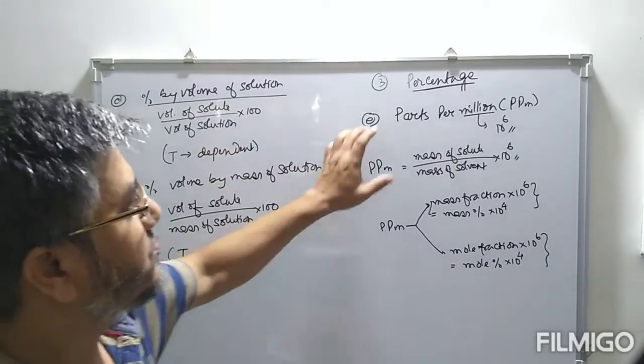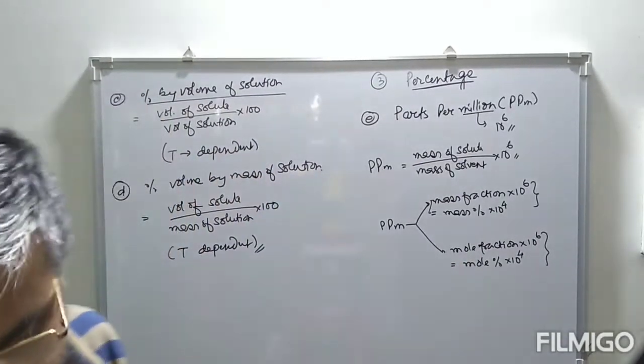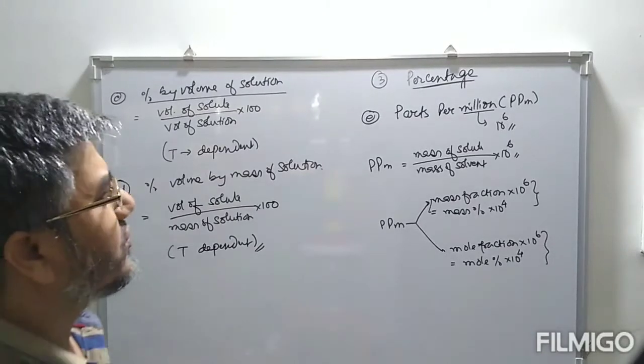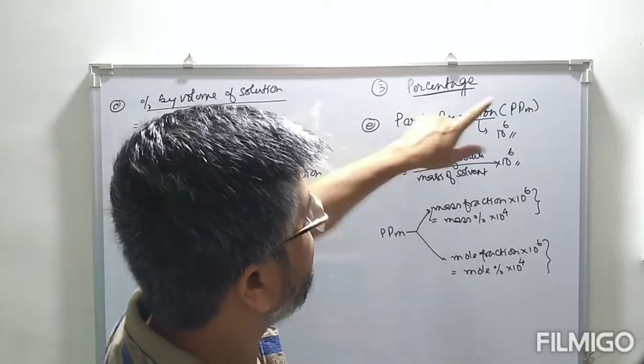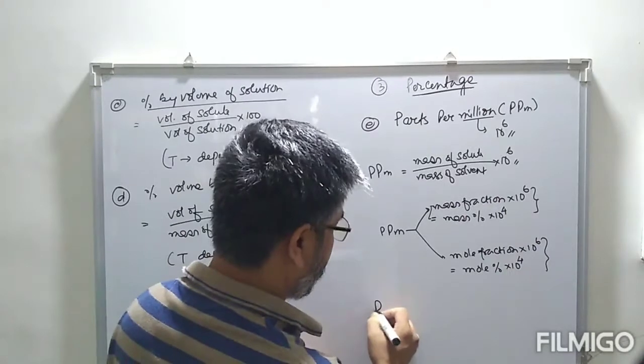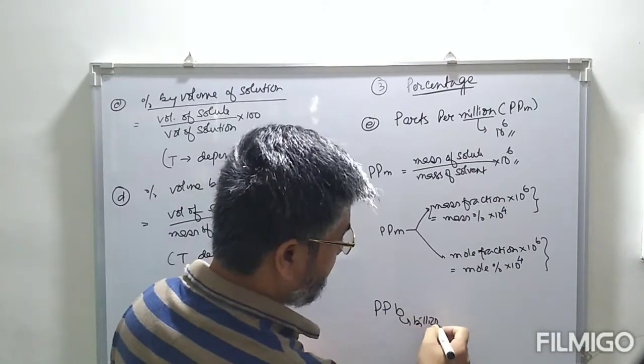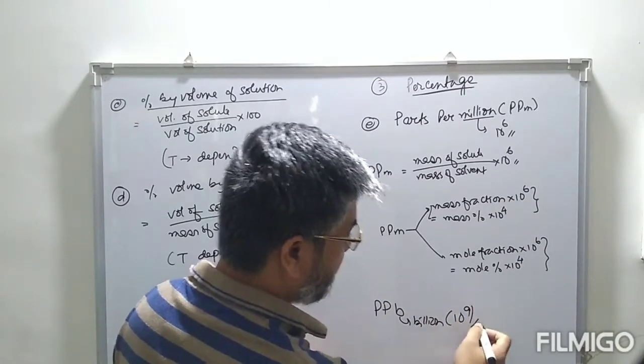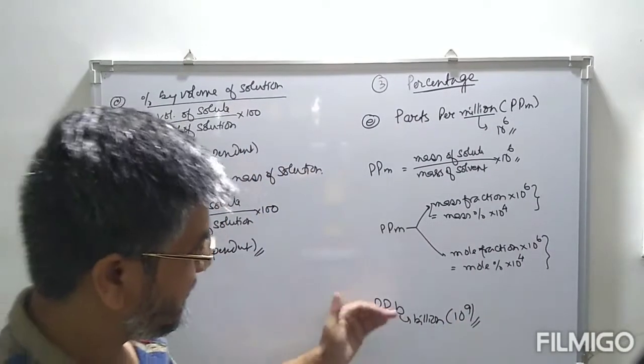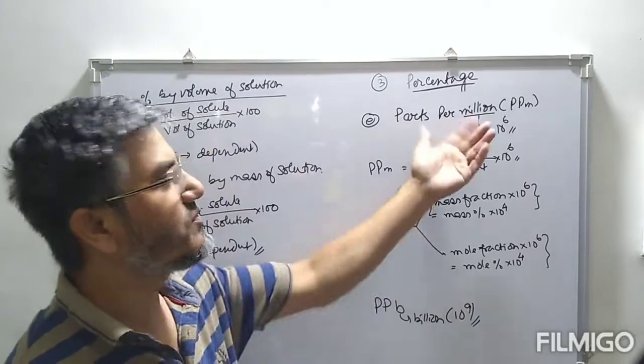So this is parts per million. Sometimes parts per billion is also given. Parts per billion: B for billion, then 10 to the power 9 parts. This is much smaller compared to parts per million.